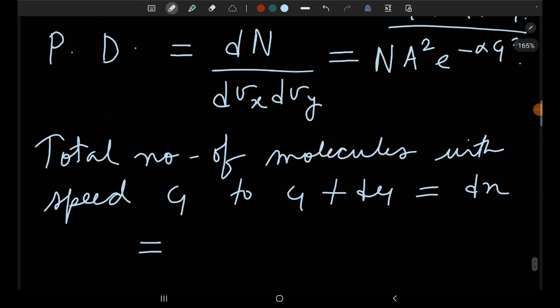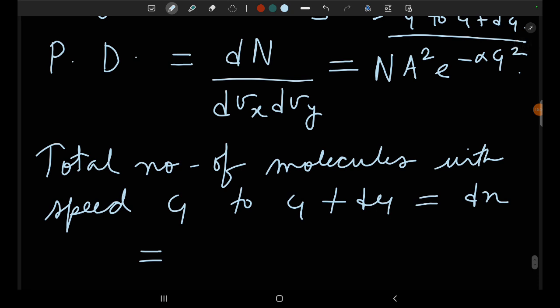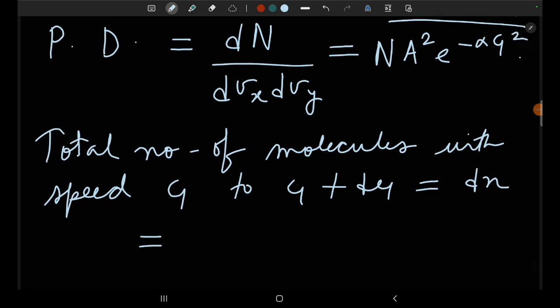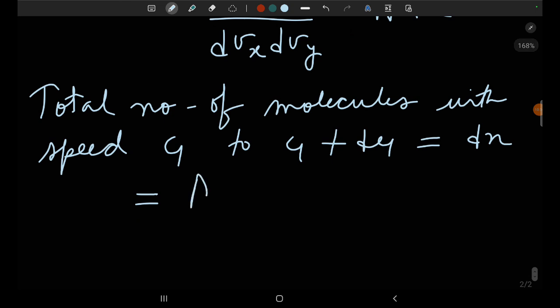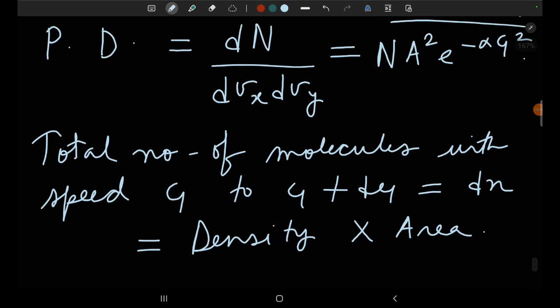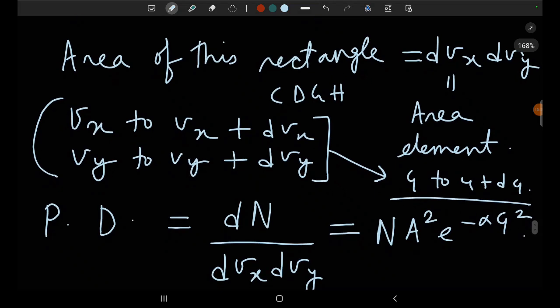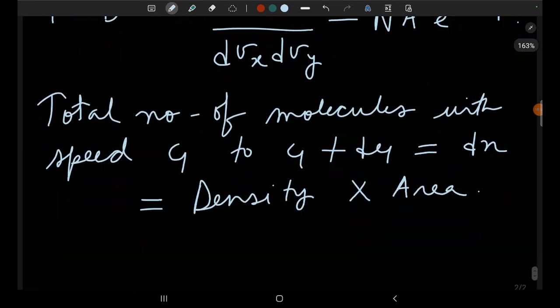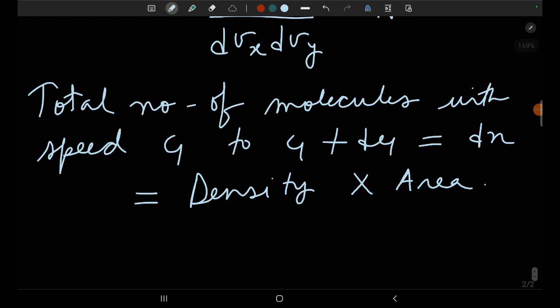Remember that this was the point density, the density of all the velocity vectors lying in the range c1 to c1 plus dc1. So this is a density per area. If we multiply this density by an area, the area of that rectangular region CDGH, we get back our number of molecules lying in the range C1 to C1 plus dC1.